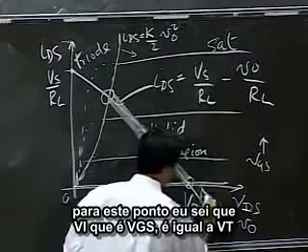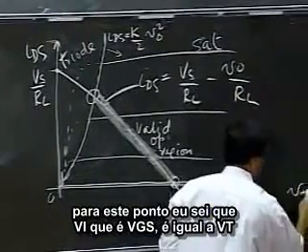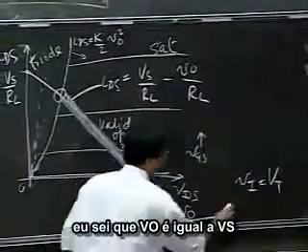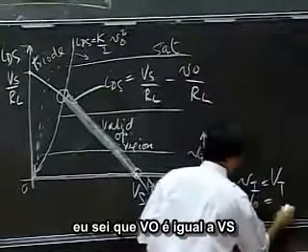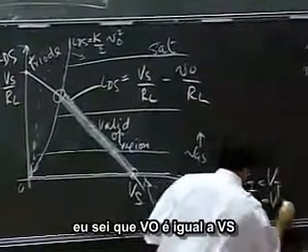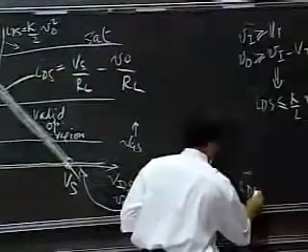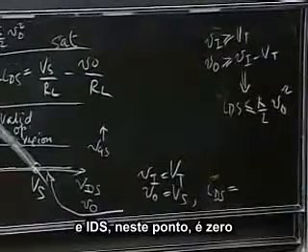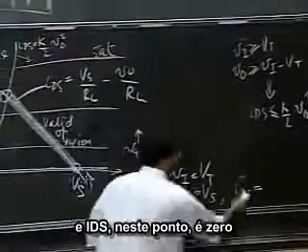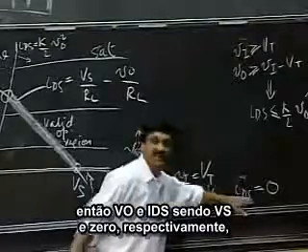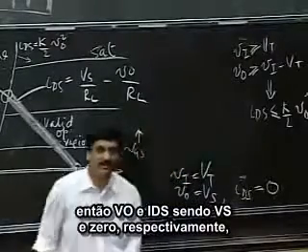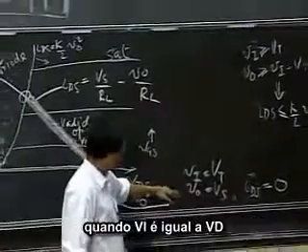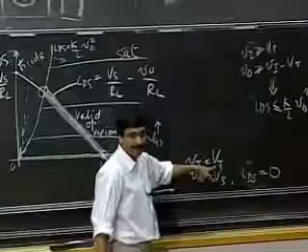And for this point, I know that VI, which is VGS, equals VT. I know V naught is equal to VS. And IDS at this point is 0. So V naught and IDS being VS and 0 correspondingly are the output operating parameters when VI equals VT.